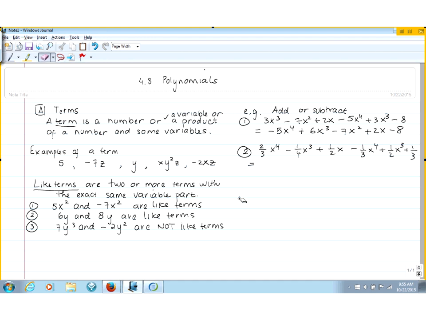So number 3: 1/6 x cubed plus 3x squared minus 1/3 x cubed plus 7 plus x squared minus 10.